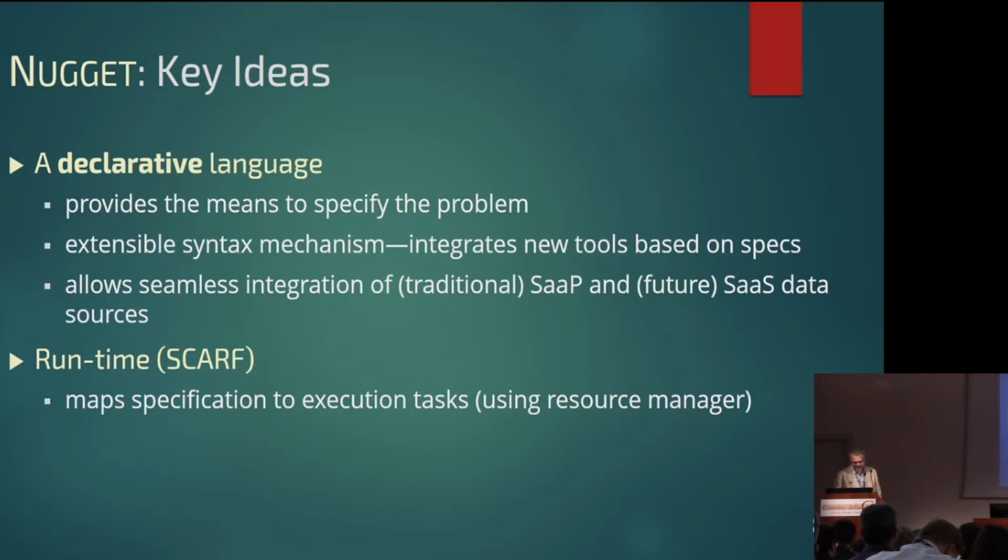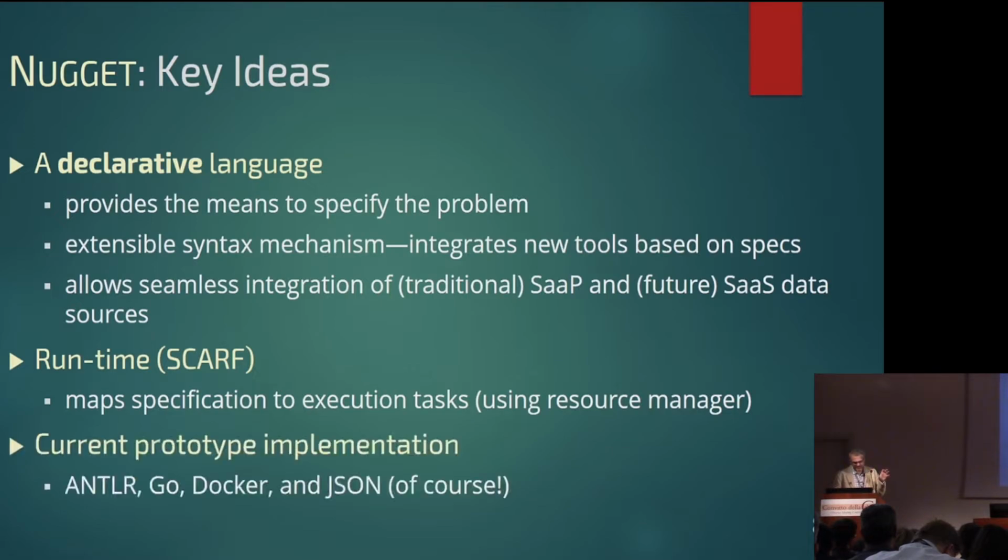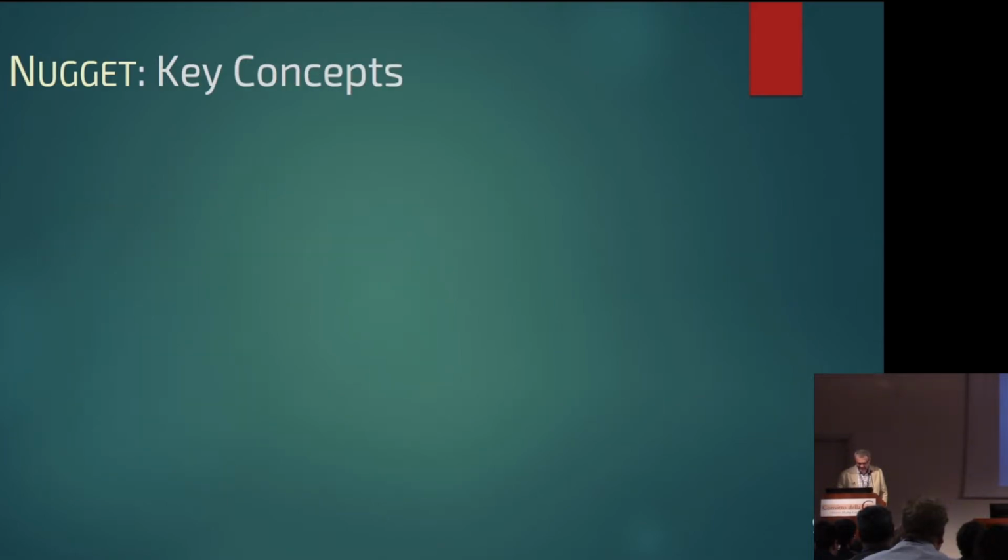There's the runtime, which is the back end, which Chris built, and that's complementary work. So we use ANTLR, we use Go, we use Docker, and of course we use JSON, right? Everything has to have JSON.